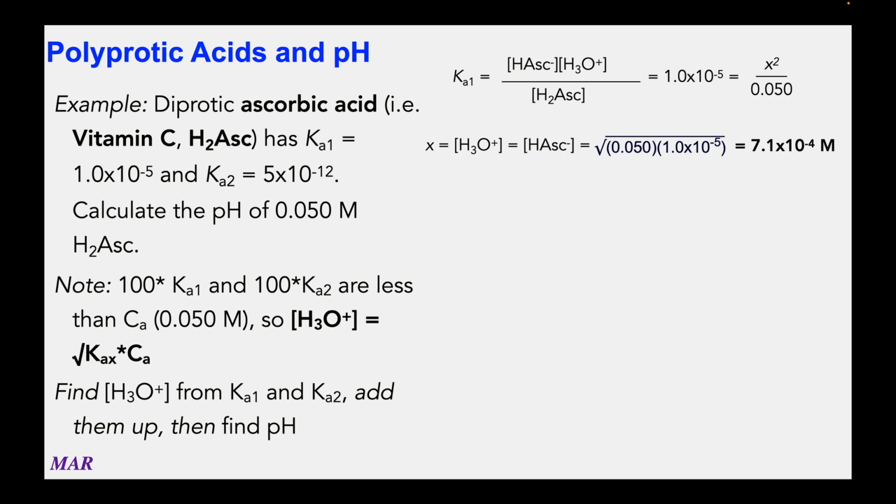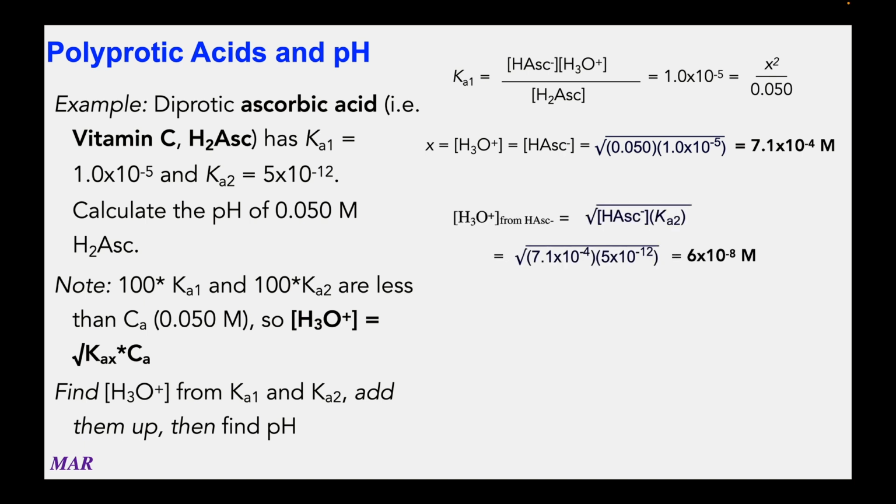So it's HASC minus times hydronium, and that equals Ka1, which is 1.0 times 10 to the minus 5, which equals x times x divided by the concentration 0.050. So x here is going to equal the hydronium, but also notice here that x is going to equal the concentration of the conjugate base, and that'll be important to us here in a second. So square root Ka times Ca, you end up getting the hydronium, 7.1 times 10 to the minus 4.